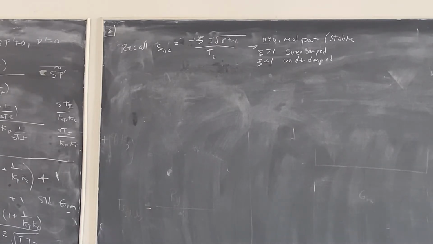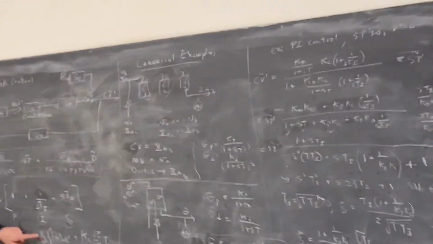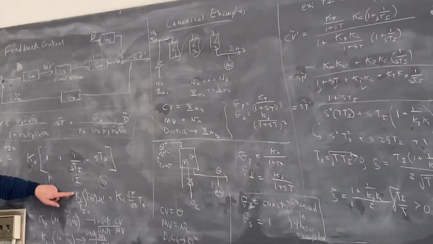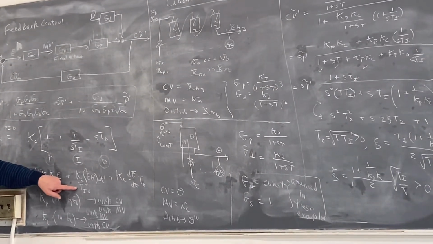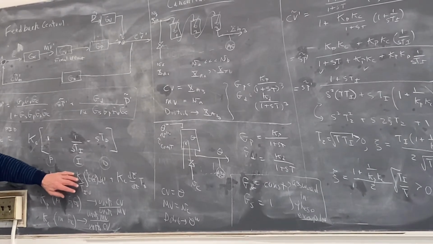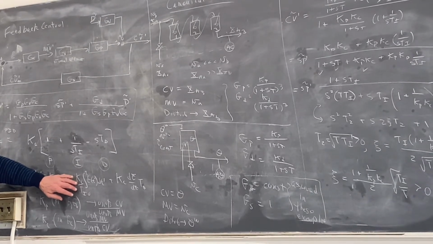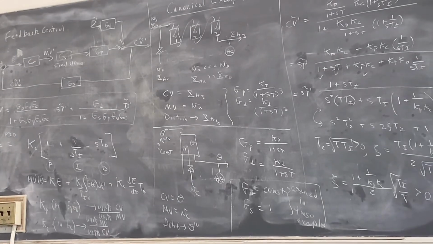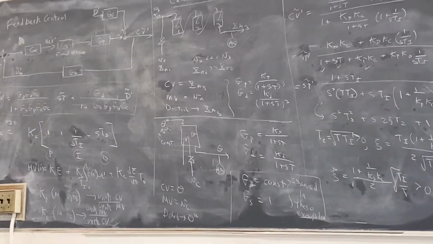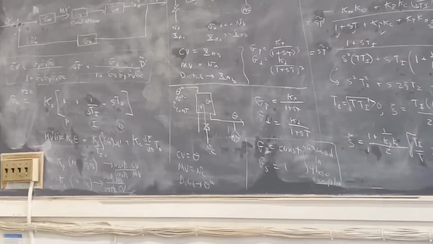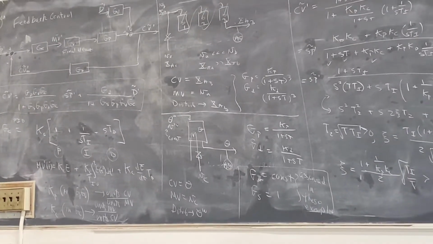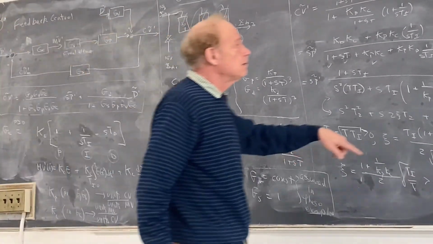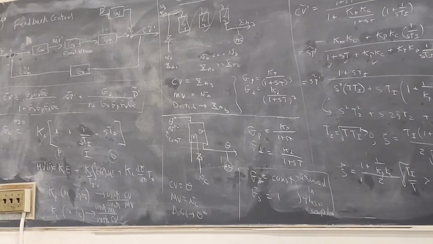So what does that mean? Ti over Kc big, let's look at that. Ti over Kc is exactly the coefficient that controls the integral control. So the inverse of that means Kc over Ti has to be small. That means a not aggressive integral controller. That says if the integral controller is weak, not aggressive, then I'm more likely to have C big, and therefore for it to be overdamped.